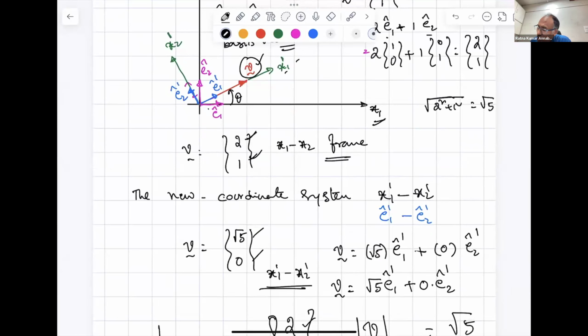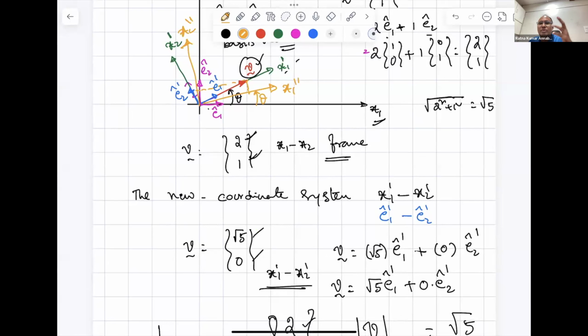If you have chosen some other coordinate system, for example x1 double dash, x2 double dash, then again you will have a different value. So this will be my projection onto x1 double dash, and that will be the projection on x2 double dash. Then it will have a different set of numbers depending on this angle theta, isn't it? I could have chosen any coordinate system.